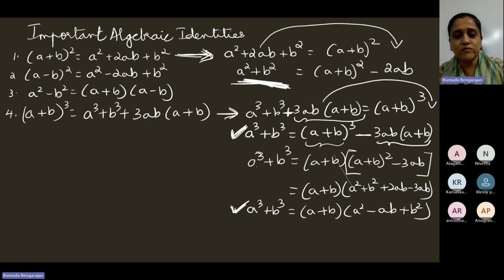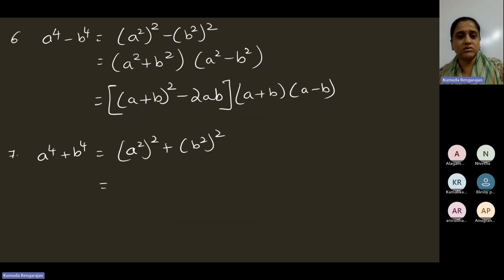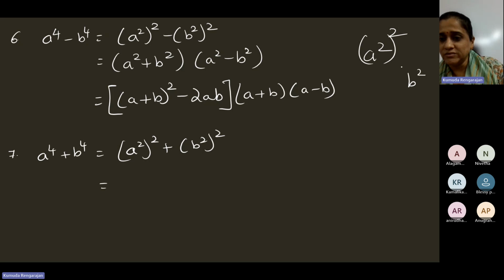So whenever it is a sum of two squares, a square plus b square, where a square is a square, b square is another square, it should be written as (a plus b) the whole square minus 2ab. So here we have a sum of two squares. This is one term, this is squared. This is the other term, this is squared.